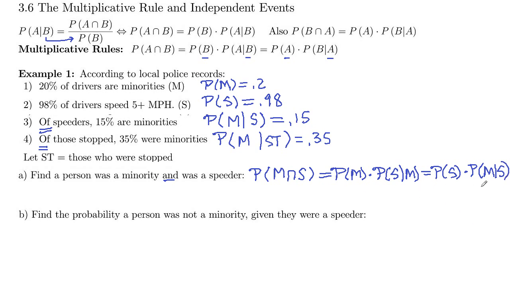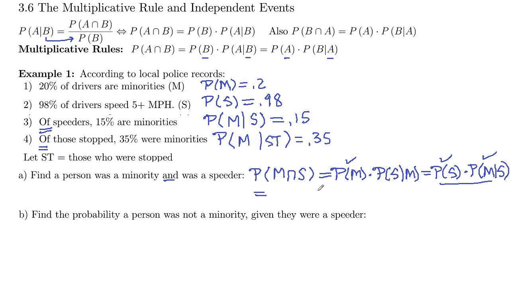Let's see which one we know the pieces of. Probability of M, 0.2, so we know that one. Probability of S, 0.98, so we know that one. Probability of M given S, 0.15. That's this one here. And S given M, we don't have that here. So we need to use this version right here.